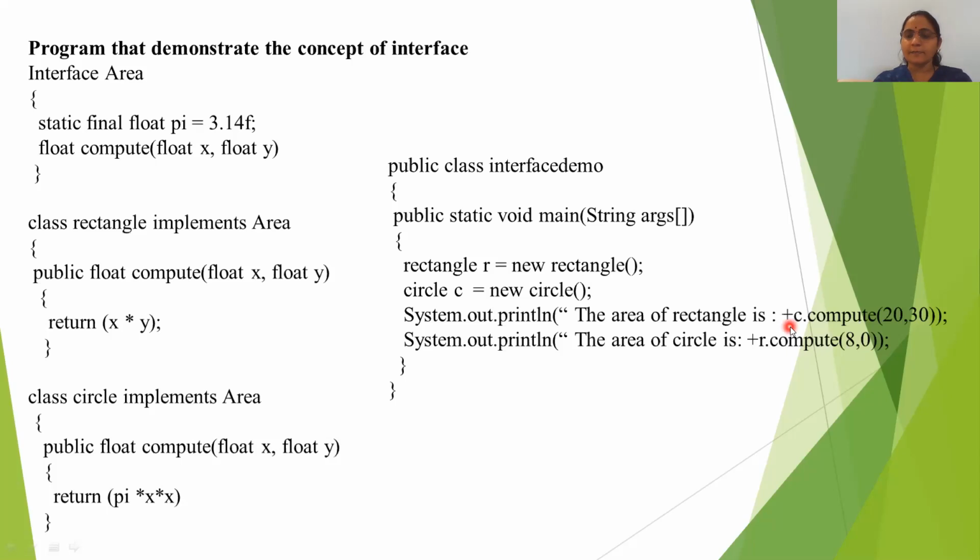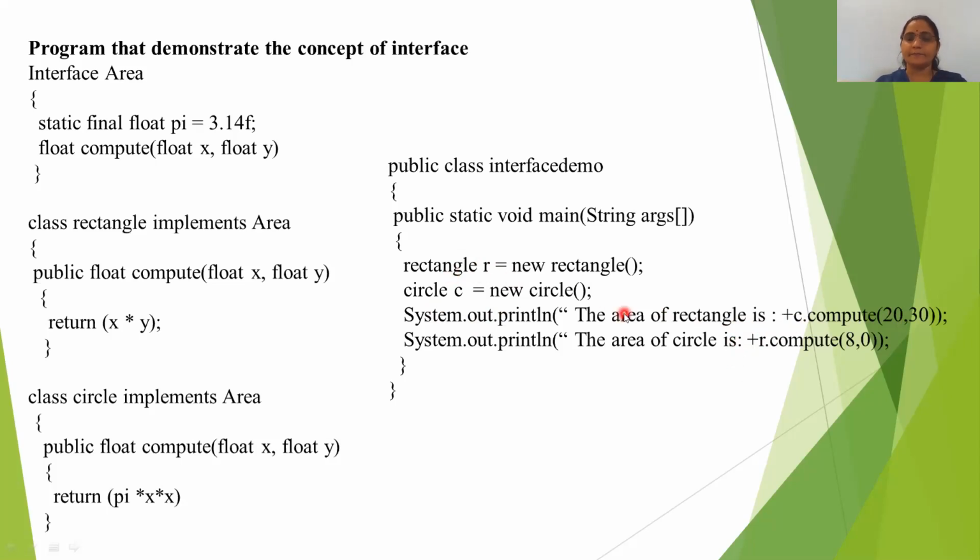Area of rectangle is plus C.compute(20, 30). What is C? C is the object of Circle, and sorry, exactly reverse here. Here instead of C, the R is correct. R.compute, because R is the object of Rectangle.